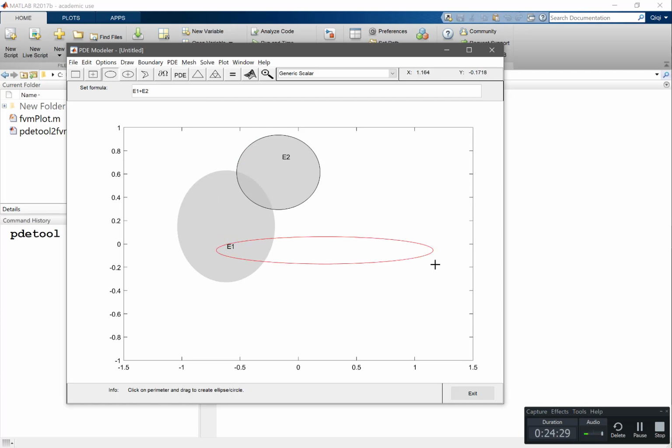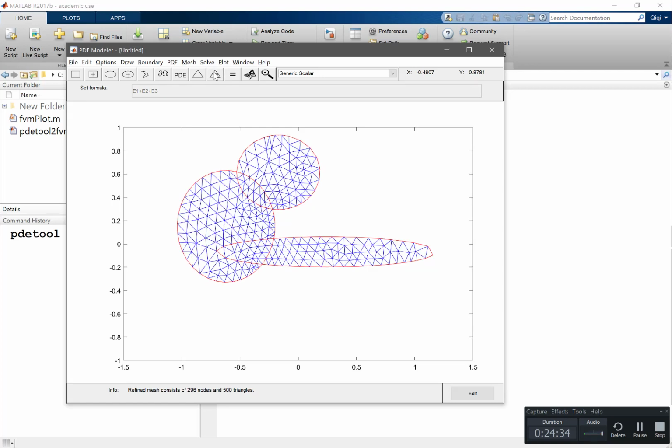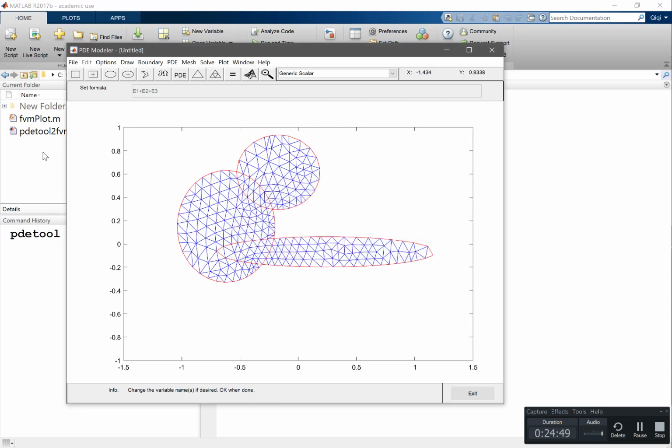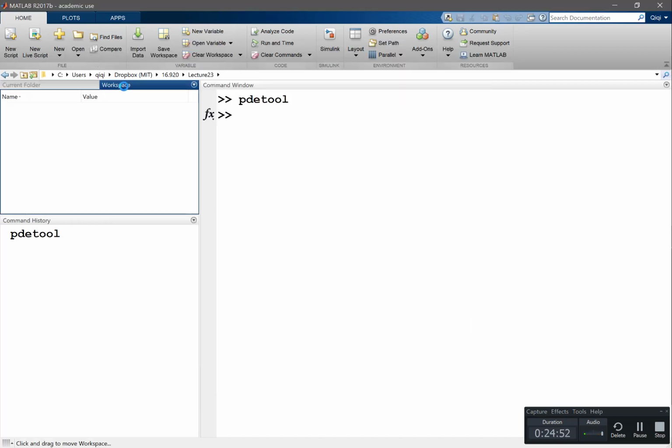Here, let's actually add another one like that. Okay, so we are going to discretize the domain using a mesh. Okay, and we can click on mesh and export the mesh. So the mesh is going to be exported in terms of points, edges, and triangles. So if you look over here, the edge actually contains a lot more information than you need, but it also doesn't have some of the information you need.